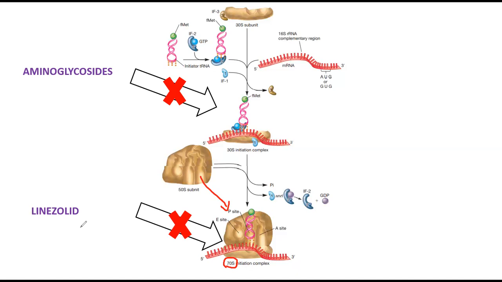Although the initiation complex has been formed, linezolid does not allow the 50S subunit to bind to the 30S. So there will be no complete ribosome, no translation process, and in simple terms, no protein synthesis. This is the main function of linezolid.